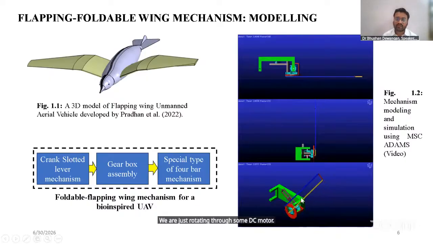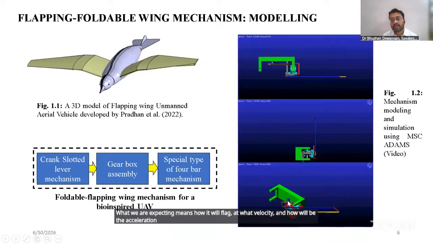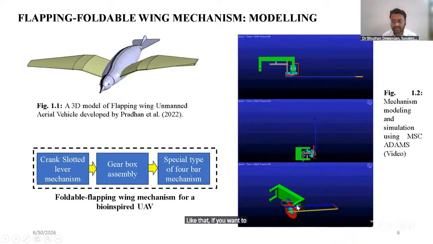So if you want to check whether this linkage kinematics is what we are expecting, meaning how it will flap, at what velocity, and what the acceleration will be when I give this crank rotation of about 100 RPM or 200 RPM. If you want to optimize this also, how the link weight will affect the whole mechanism.